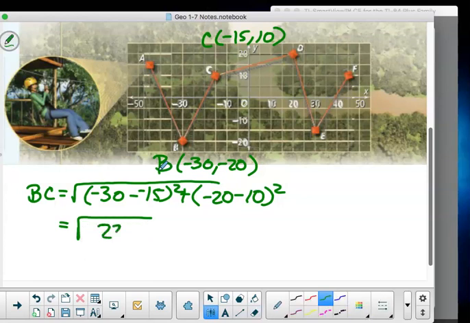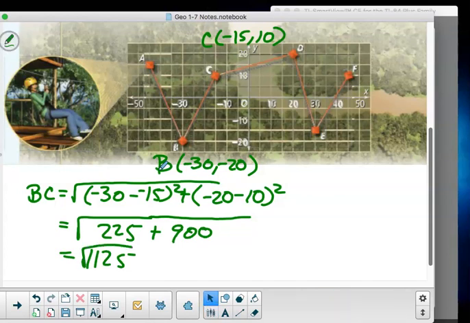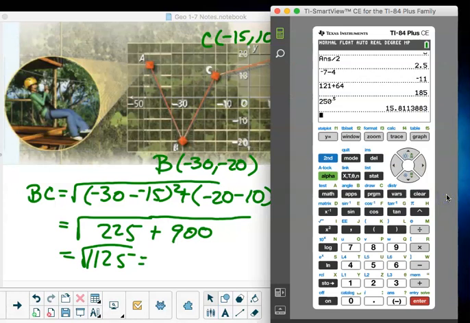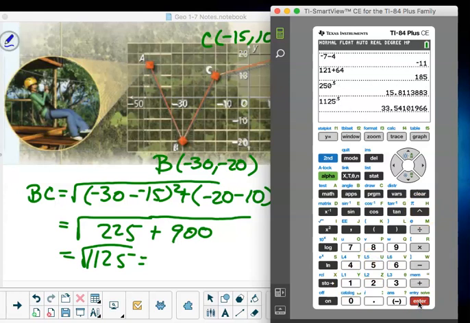So that's 225 plus -30 squared, which is 900. And that'll give us 1125, square root. I can take the square root of that in my calculator if I need to. If I go 1125, raise that to the 0.5 power, we've got 33.54.